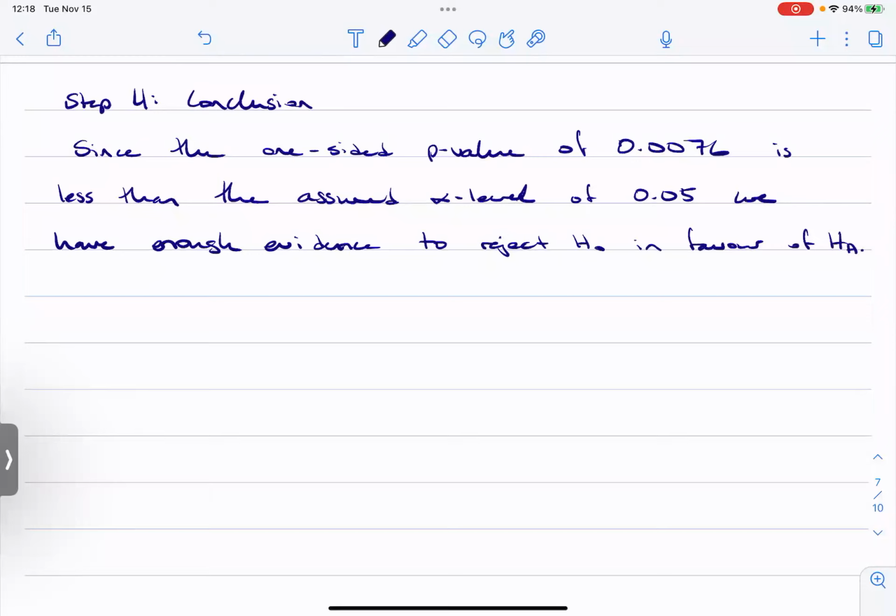Which means what? In terms of the question, it means we have evidence to say that Jocko's estimates are significantly higher than the trusted garage.